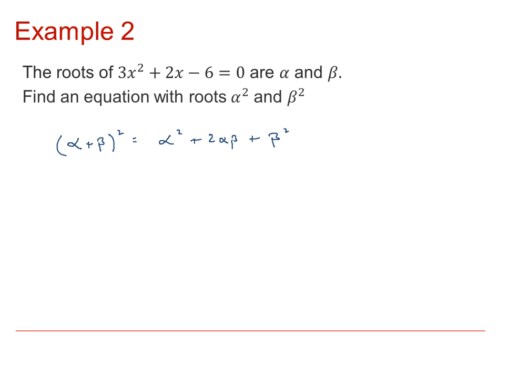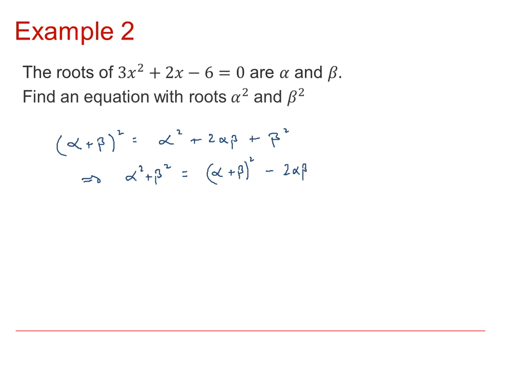So we can therefore say that alpha squared plus beta squared is equal to alpha plus beta all squared minus 2 alpha beta.